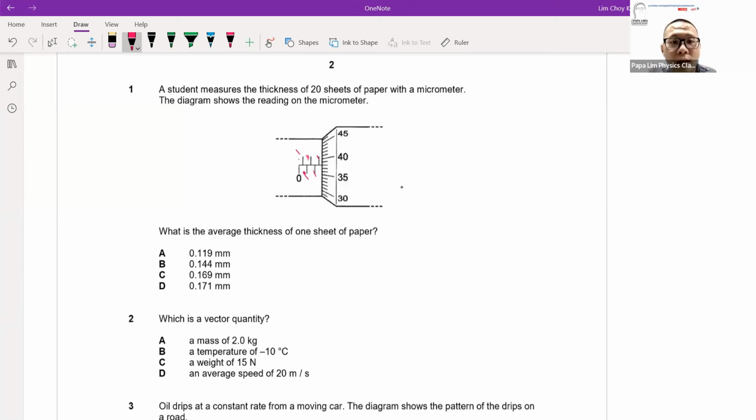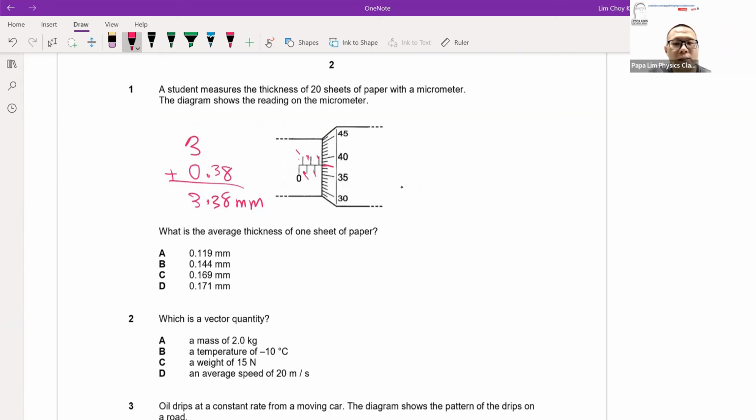Then the line that you are looking at here is 0.38, so it will be 3 plus 0.38. The total that you're looking at here is 3.38 mm. Now you must be careful, because 3.38 is actually not the answer yet.